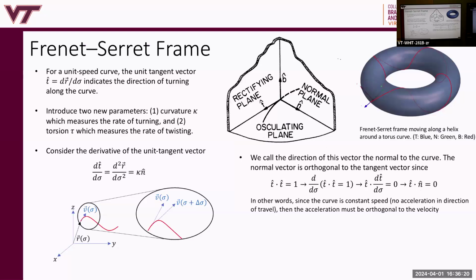If you have this vector here and a delta displacement of the parameter lands you there, and this curve is very, very sharp, then these two vectors will be further apart, right? So that means the vector dt d sigma is going to be longer, which means it'll have a higher magnitude, which means that kappa is increased for a sharper turning curve.